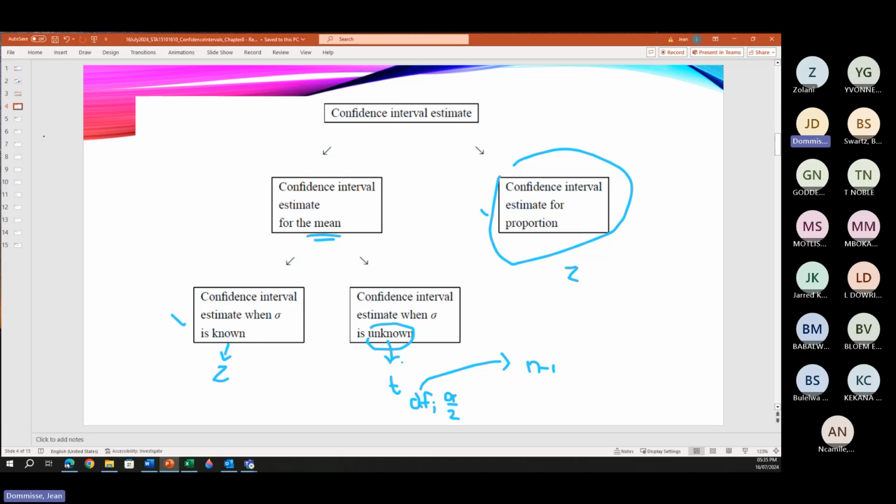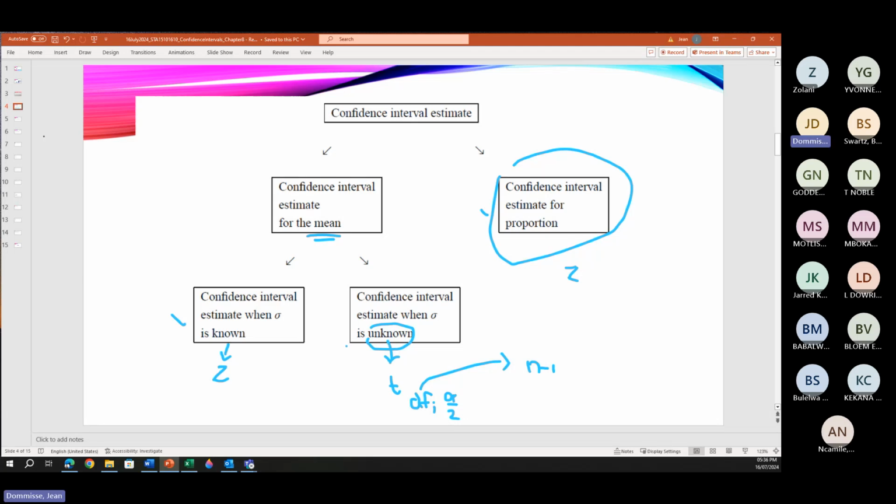Okay, so basically the importance of this chapter is that we're going to look at confidence interval estimates. We're going to look at confidence interval estimates for the mean, where the standard deviation is known, when it's a Z. Standard deviation is unknown, then it is a T. And for the confidence interval around the proportion, we will always use a Z.